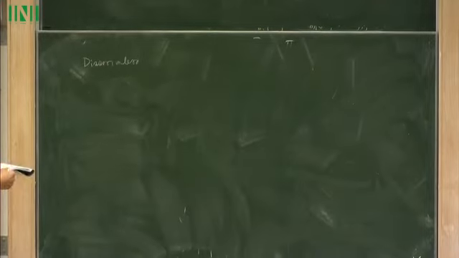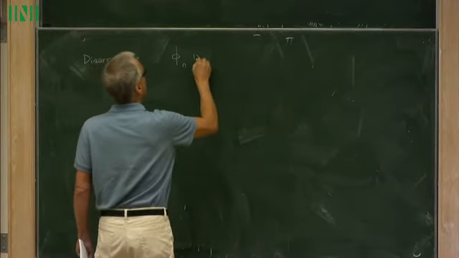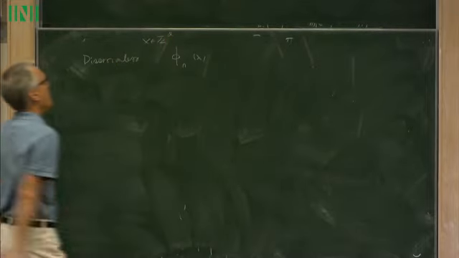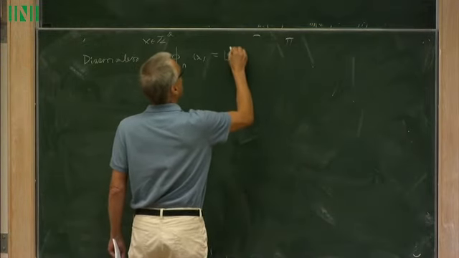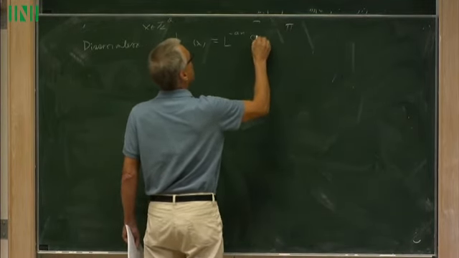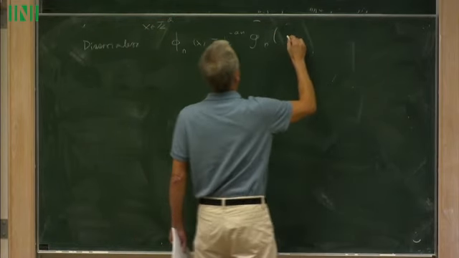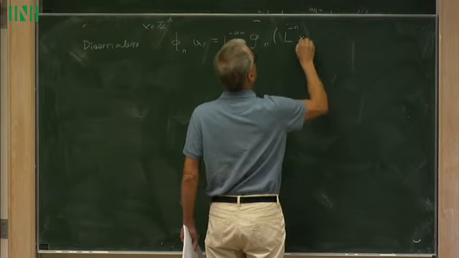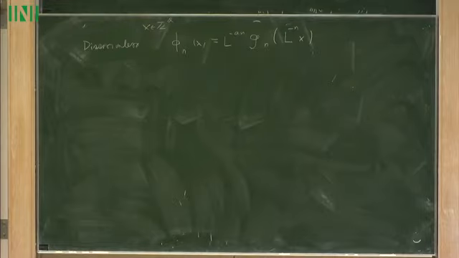And what was that? Well, you introduced the lattice field where the x is in unit lattice, and with the usual formula, L to the minus an of this guy computed at L to the power L to the minus n x. Okay, so that's the definition.